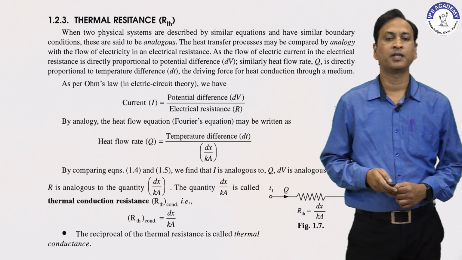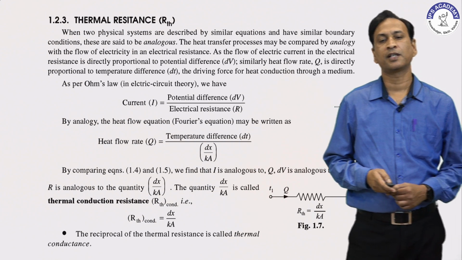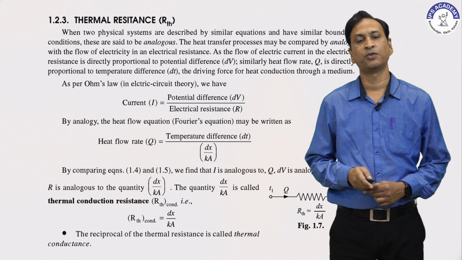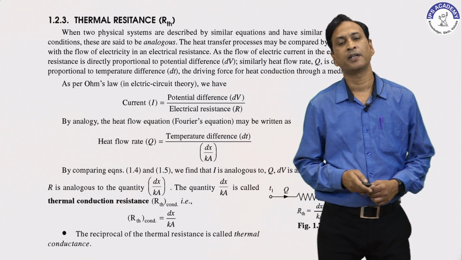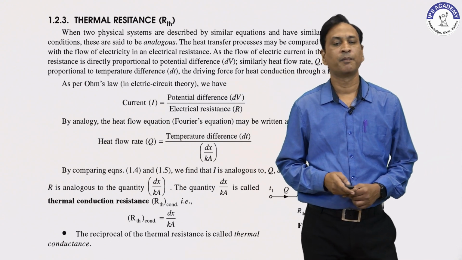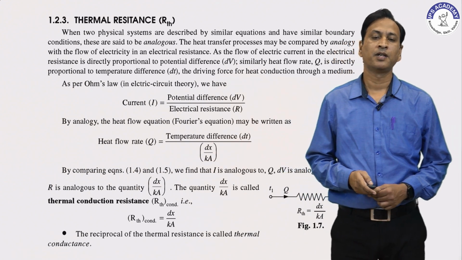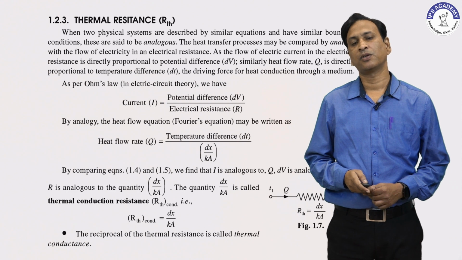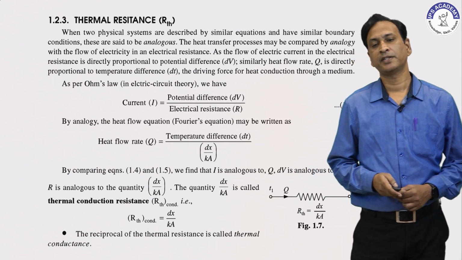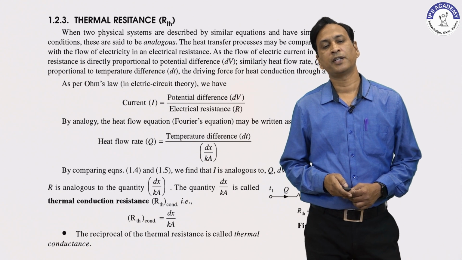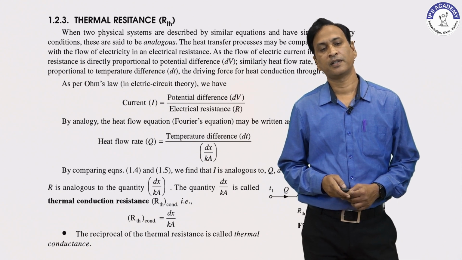By analogy with the heat flow equation, Fourier's law might be written for the heat flow rate as Q is equal to temperature difference dT divided by dx upon KA. Comparing equations 1.4 and 1.5, we find that I is analogous to Q, dV is analogous to dT, and R is analogous to the quantity dx upon KA.